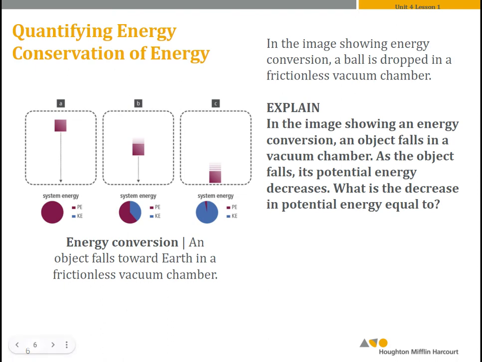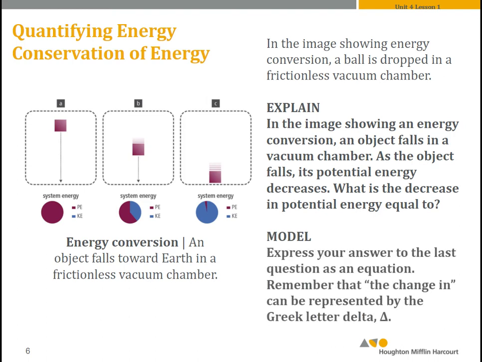So what is the decrease in potential energy equal to? We can say that the decrease in potential energy is equal to the increase in kinetic energy. You see in this pie chart, the total amount of mechanical energy stays the same, but it changes in form from potential energy to kinetic energy. Right before it hits the bottom of the chamber, it has virtually all kinetic energy.